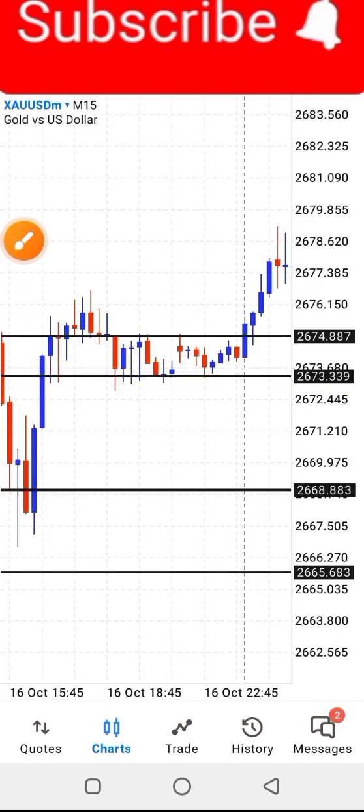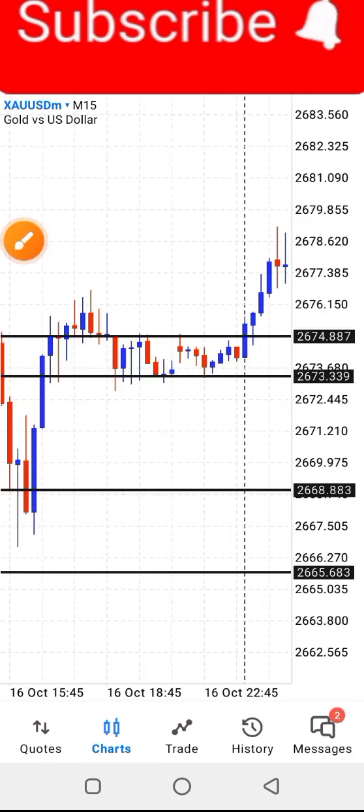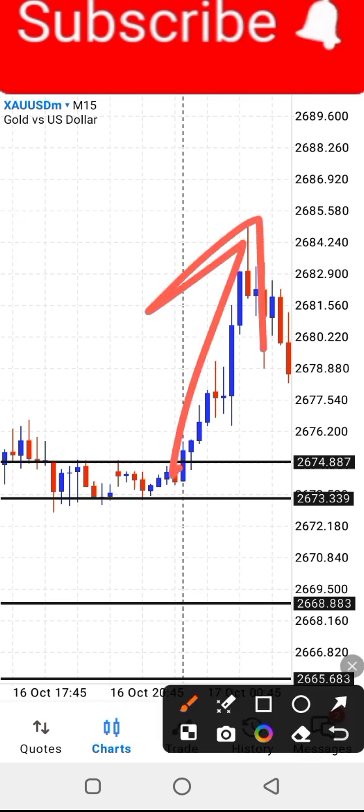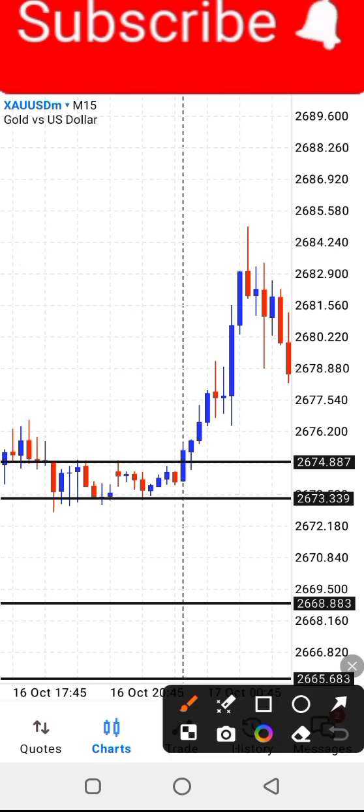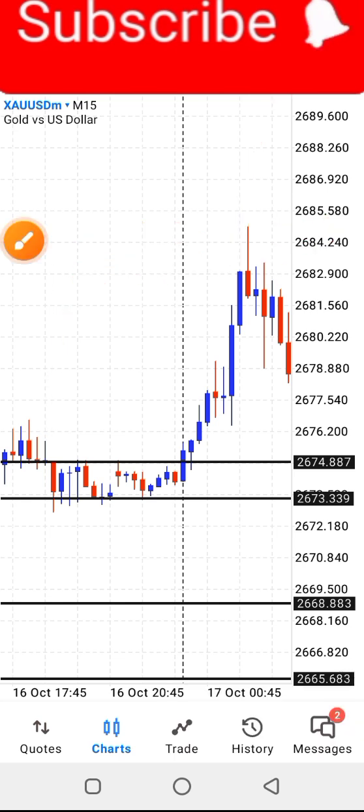Okay, so you have price entering a tight range like this, and then all of a sudden it's pushed out of that tight range. Okay, so this qualifies as a what? It qualifies as a rally base rally. So you simply wait for price to come back to that zone.